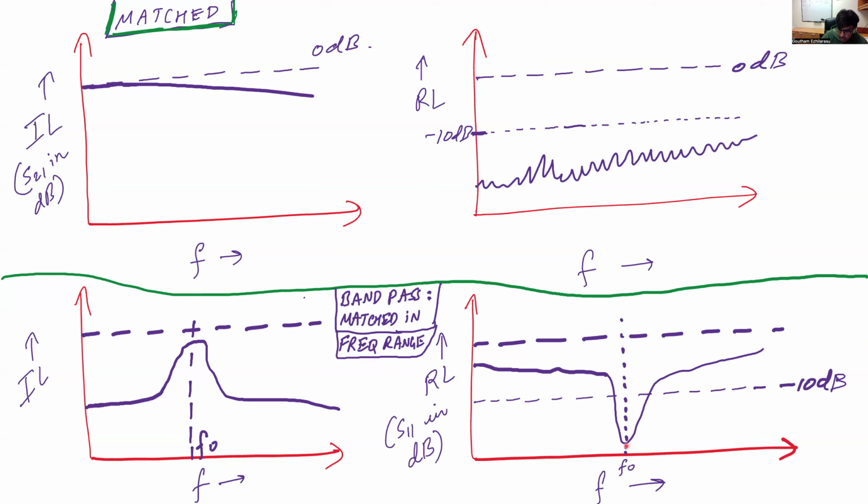So for this particular kind of link, we would say that the link behaves as a bandpass filter, because it lets signals pass about a certain central frequency, and it has a certain bandwidth within which the signals are transmitted and less of them are reflected.